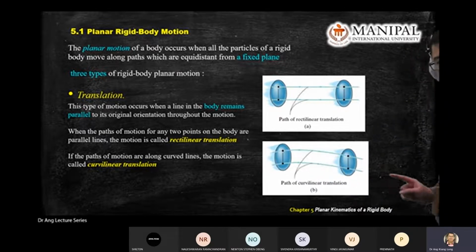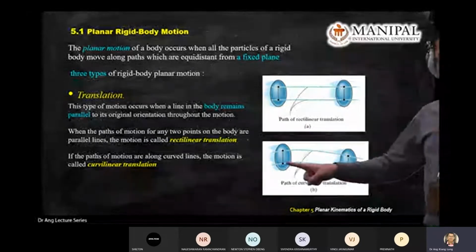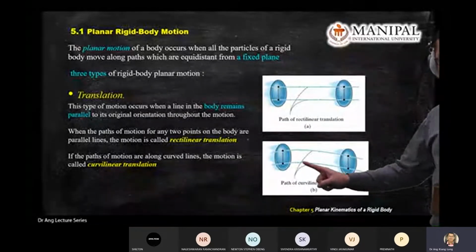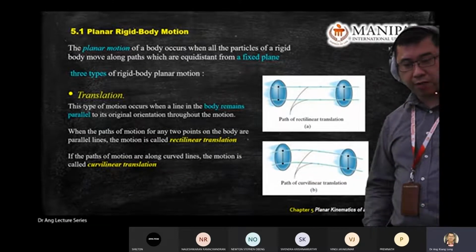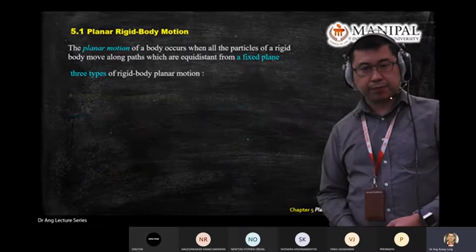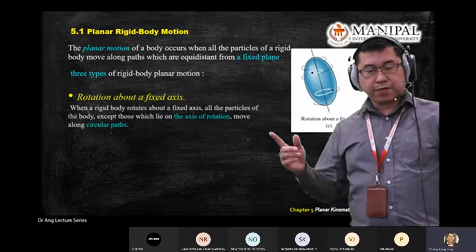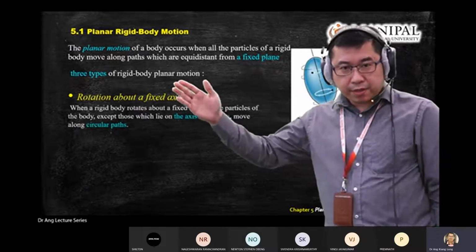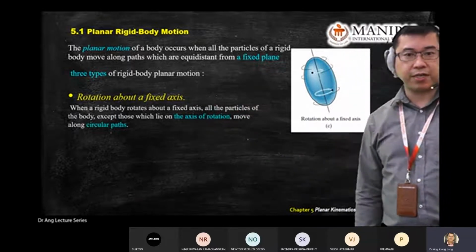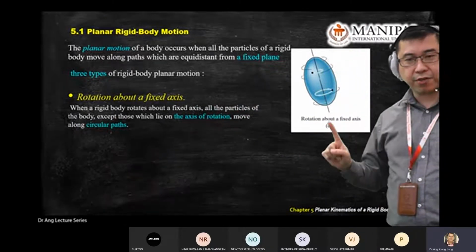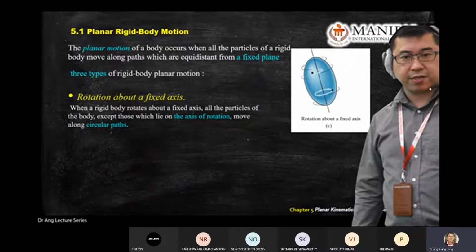If the motion direction is in this way, we follow the tangent direction. Tangent is positive. Normal always points to the center of the curve. The first type of rigid body motion is translation. The second type is rotation about the fixed axis.